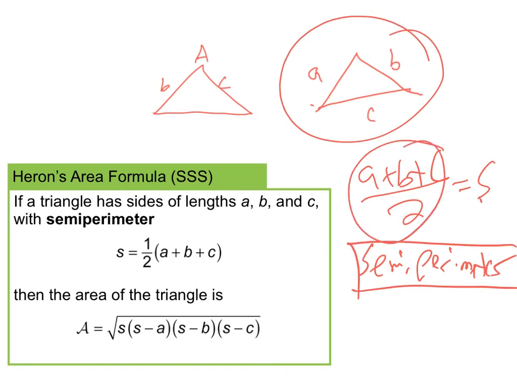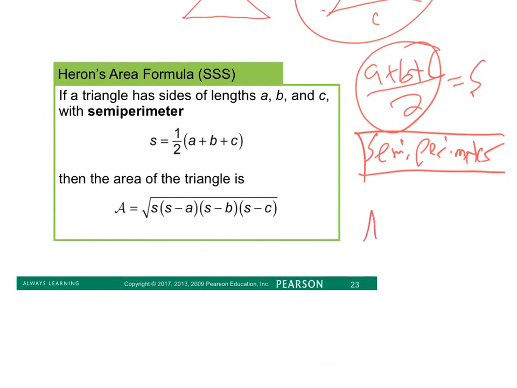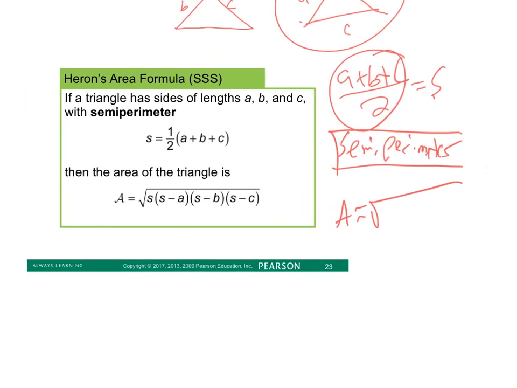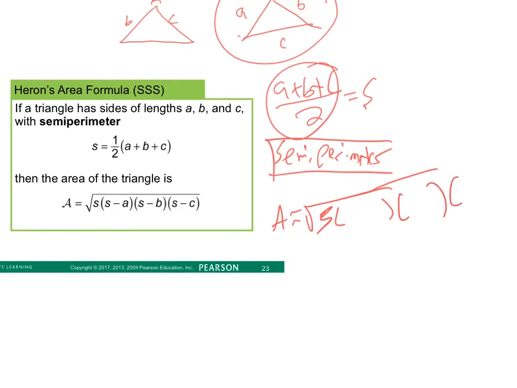We'll call it S. Heron's formula says area will always be the square root of that semi-perimeter, and then I have three sides, remember? So I'm going to have three things here. 1, 2, 3. And it's very simple.